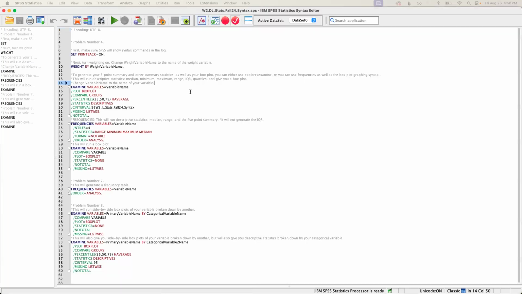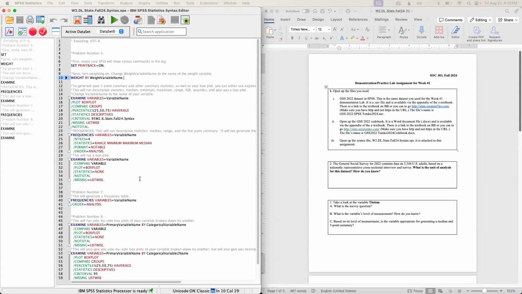Okay, and so when we get to running things, this is the programming language. I already have this for you. The stuff here in gray with the asterisks and the periods is just notes. And then this is the stuff that you're going to run and change parts of to name what variable we're using, etc. And we'll look at that in a little bit as well.